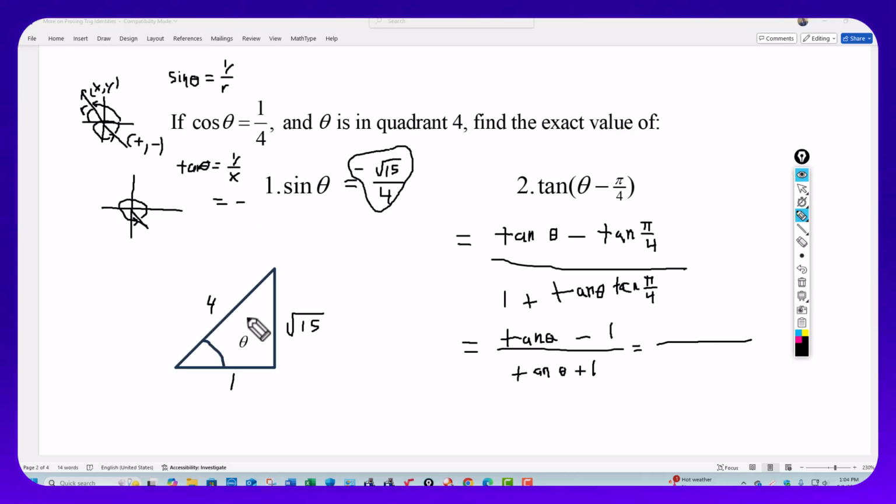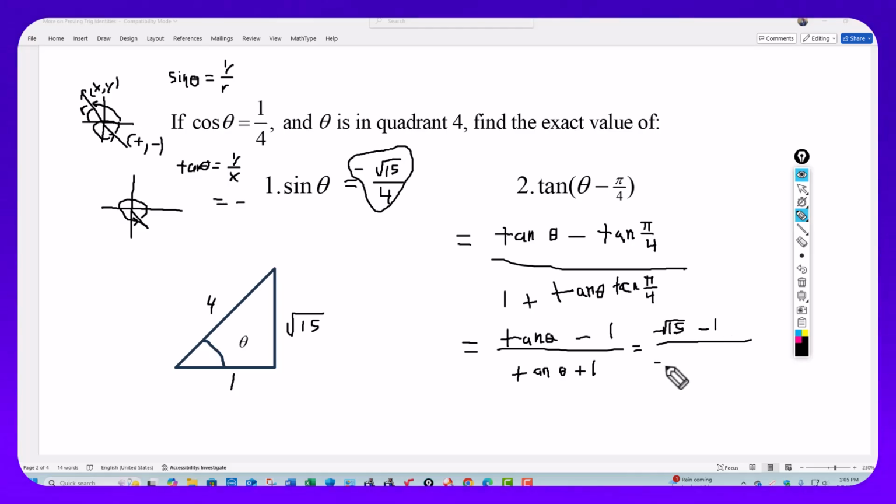From the triangle, using the reference angle, tangent is opposite over adjacent. So that'll be the square root of 15 over 1, which is the square root of 15. But remember, it's in quadrant 4, so a minus over a plus is negative. Instead of the square root of 15, it's going to be negative square root of 15.